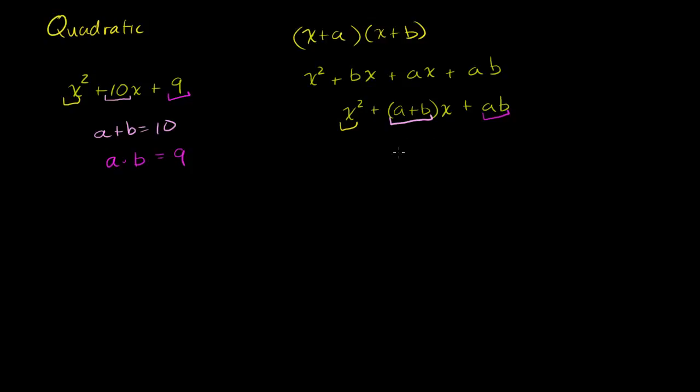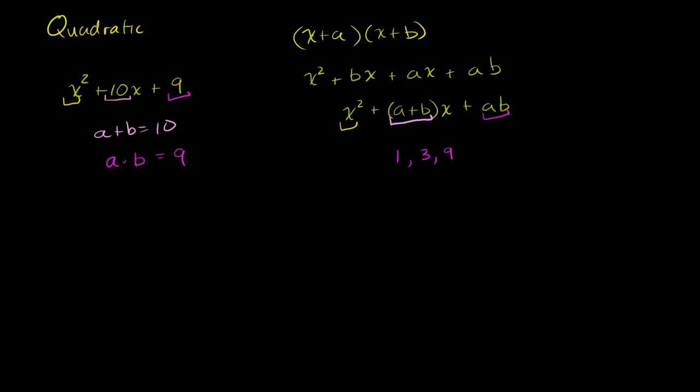So what are the factors of 9? They're 1, 3, and 9. So this could be a 3 and a 3, or it could be a 1 and a 9. Now, if it's a 3 and a 3, then you'll have 3 plus 3. That doesn't equal 10. But if it's a 1 and a 9, 1 times 9 is 9. 1 plus 9 is 10. So it does work.